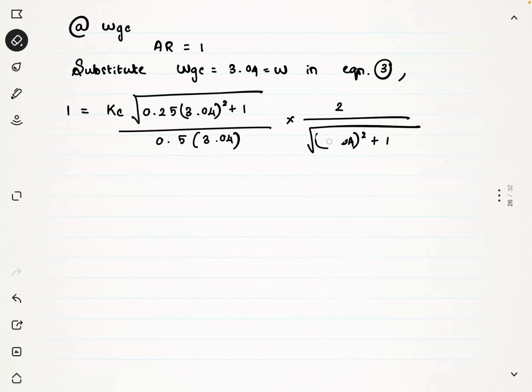So if we solve, we get the value of Kc, because we know all the other numerical values. So Kc will be equal to 1.34.